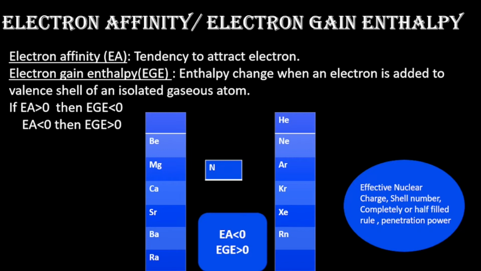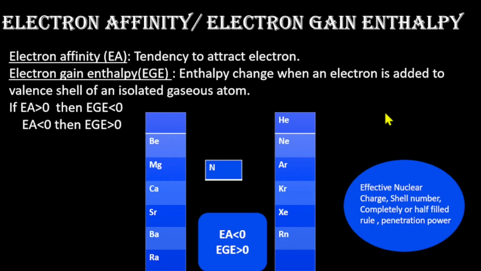And if EGE, electron gain enthalpy, is positive, like for these elements of the periodic table, this will help you a lot. So keep in mind: beryllium, magnesium, calcium, strontium, barium, radium, and here helium, neon, argon, krypton, xenon, radon. All these elements and nitrogen have positive electron gain enthalpy.